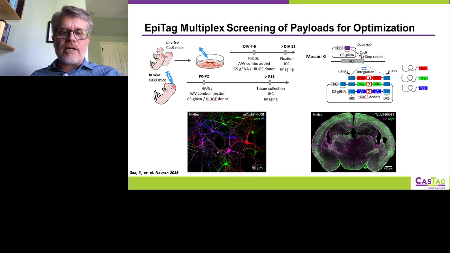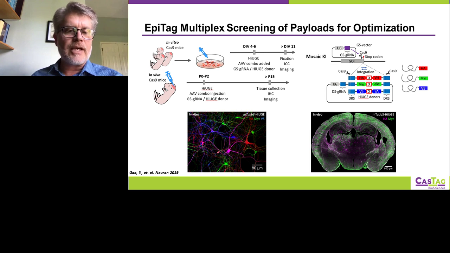So one of the advantages, because these payloads are agnostic to the gene of interest, they'll insert into any gene of interest where we supply these double-stranded breaks, is that you can actually mix several different epitopes into a single tube along with the targeting vector virus, and in a single experiment incubate, in this example, neurons with 3 different epitope tags so that you can rapidly optimize what type of fusion your protein tolerates and what type of epitope antibody works best for immunostaining your cells or tissue of interest.